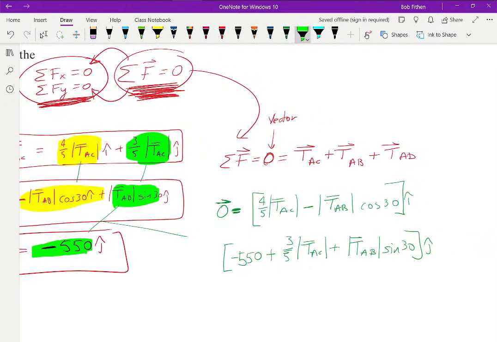Now, you have these two components, the x component and the y component. So technically, if I were to do this the right way, I would say 0i plus 0j.